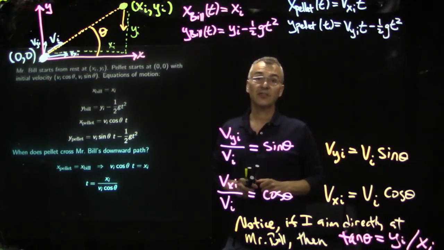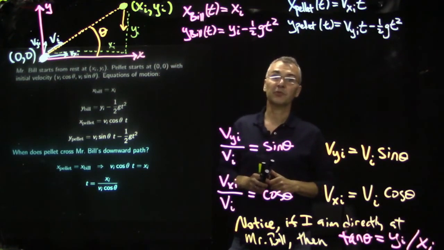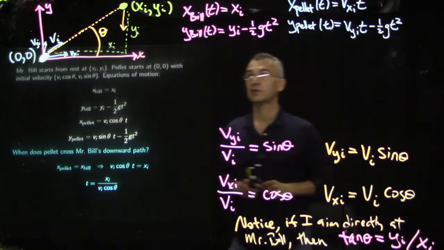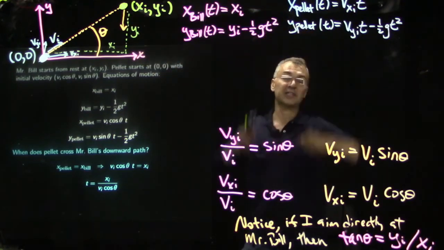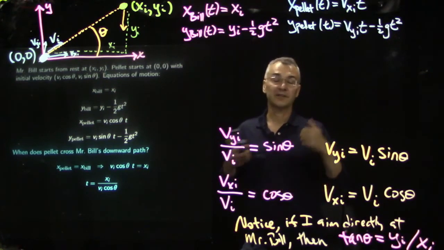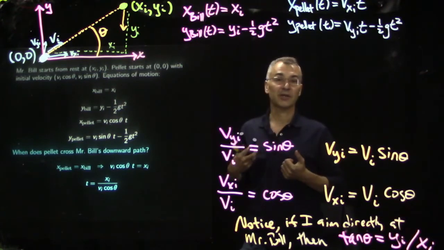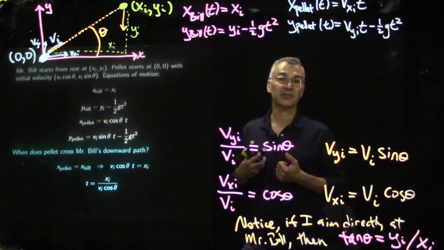And then at that same time t equals 0, that the pellet is released from the dart gun, Mr. Bill is going to let go of the tree he's holding on to. And you could say, why is that true? Well, in the story, it's because Mr. Bill is frightened by the actuation of the pellet gun and he loses his grip on the branch.